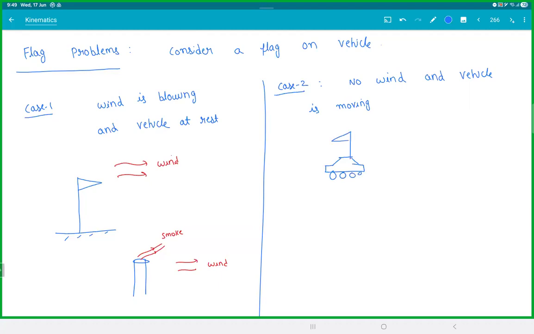So let's say we have a flag like this. If the car is going forward, this thing is going backward. Flag points opposite to the motion of the vehicle.